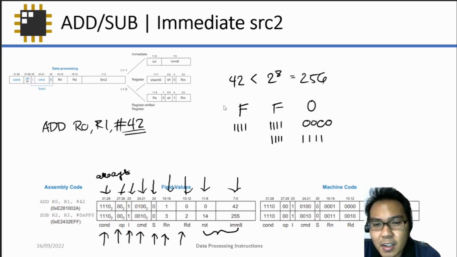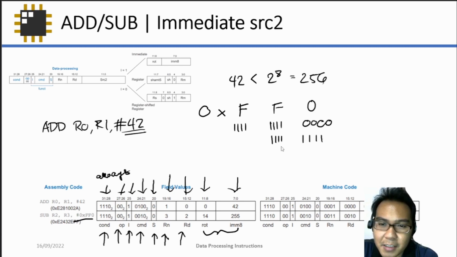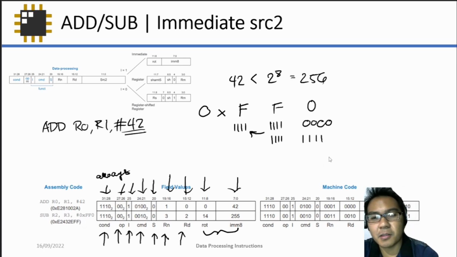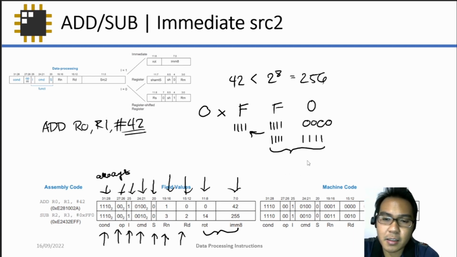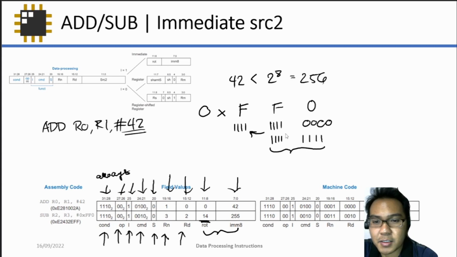Now the thing is, the immediate that we specified right here is actually greater than 8 bits. So what the assembler did for this case is we took the thing that goes into 8 bits, and then we applied a rot to it in such a way that it will turn into 0xFF0.